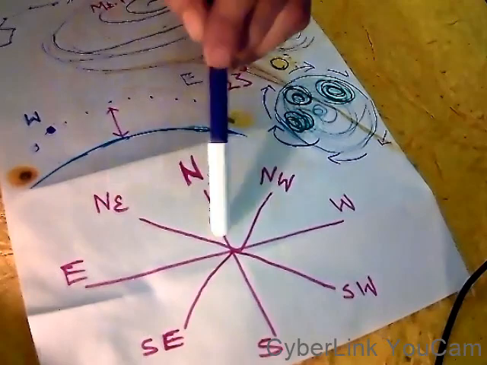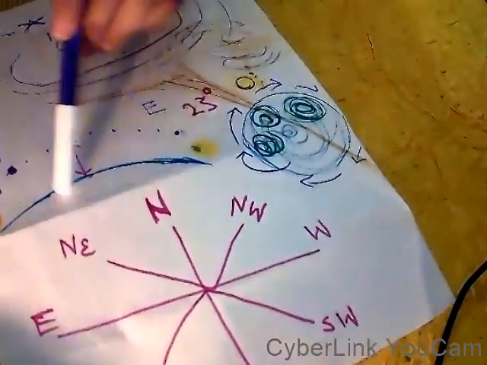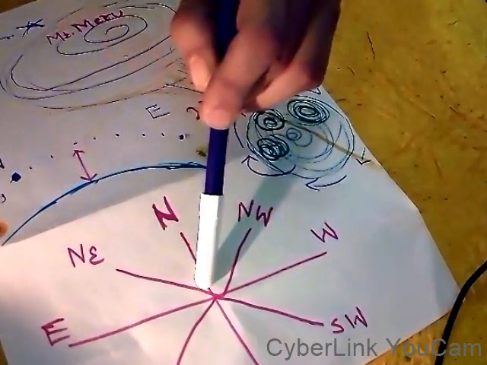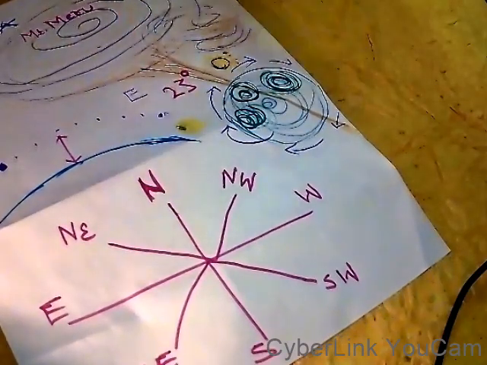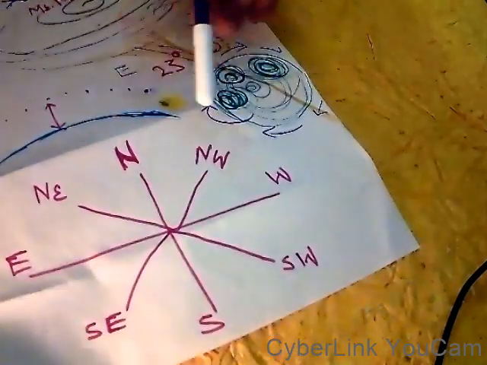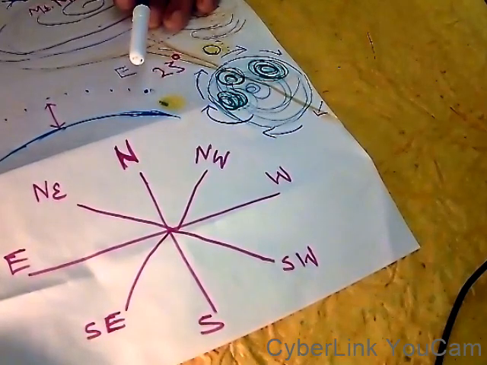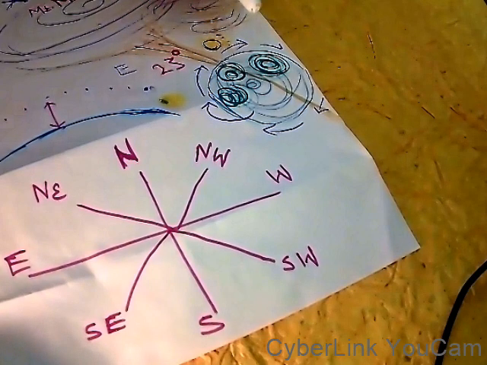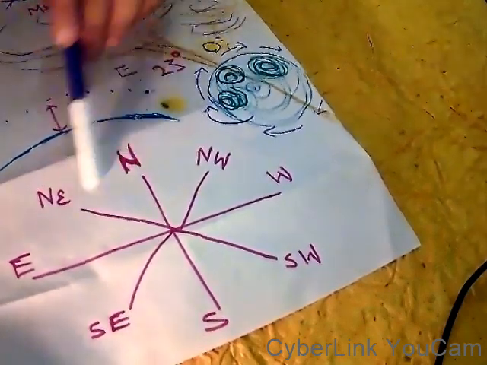North-northeast is where 23 degrees would fall, and here the creative energy enters Earth. The most creative thing that our planet has is water. Most of the planets, as far as we know, don't have that creative energy. So the creative energy on Earth is water, and it enters through this particular portion of Earth.